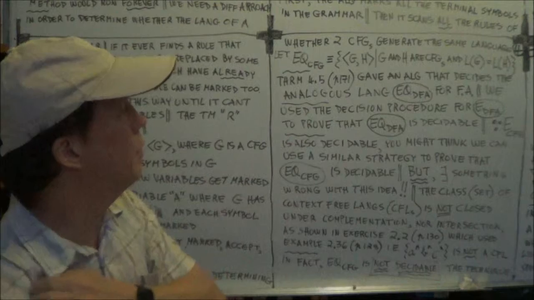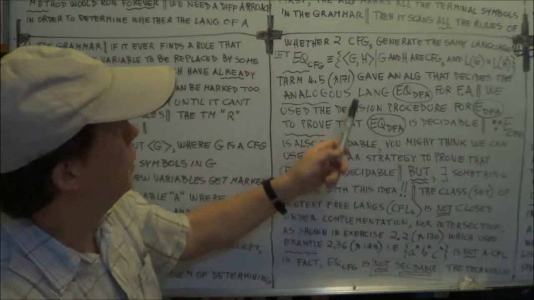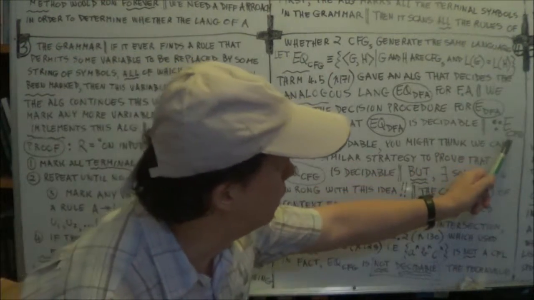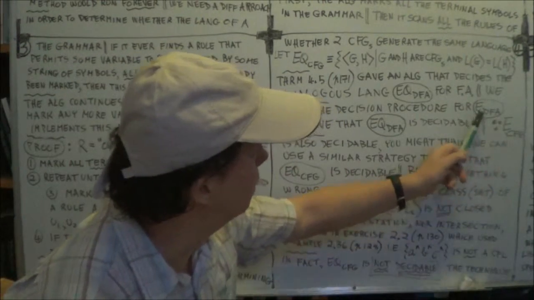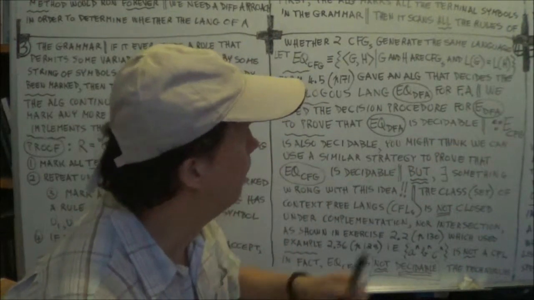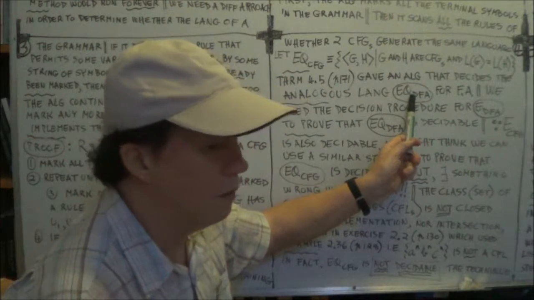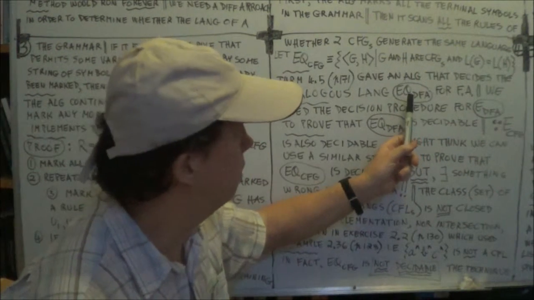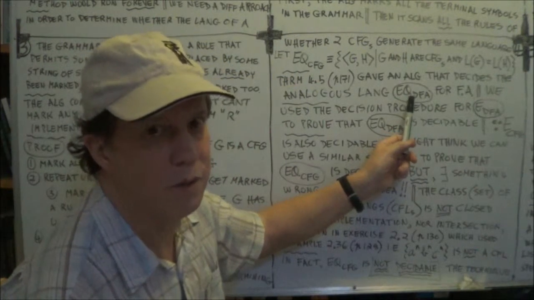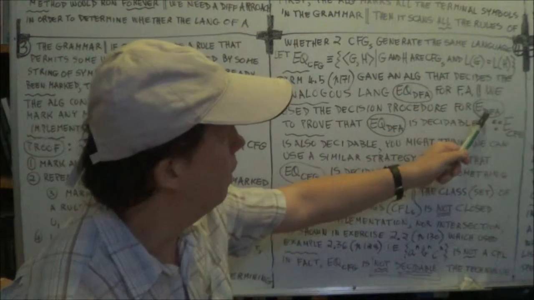Now, how about by analogy? We've just done, in the previous theorem, ECFG, which is analogous to EDFA. We know this is decidable: we can find a Turing machine that gives a decision, yes or no, accept or reject, for that problem.